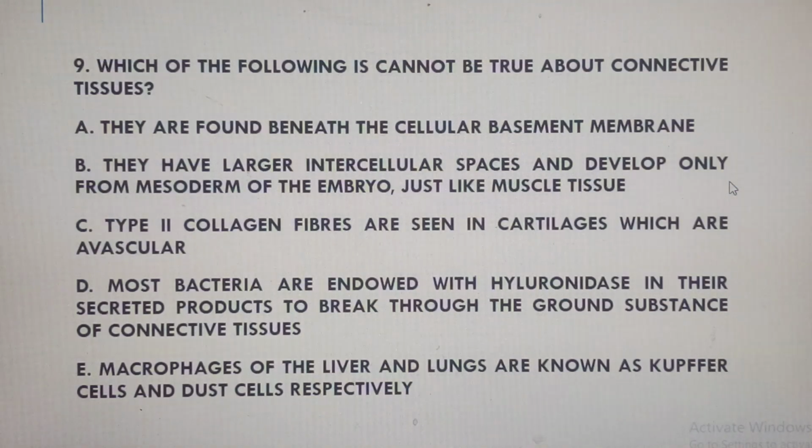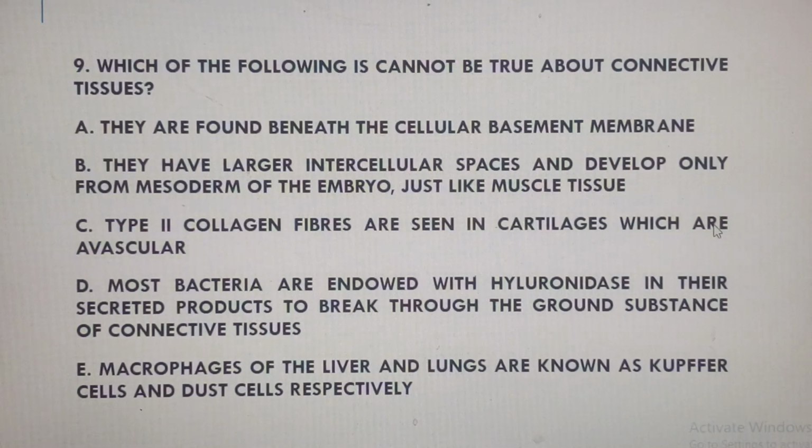But it's only the mesoderm which is going to give rise to connective tissue. And the connective tissue is coming from only mesoderm. Muscle tissue is also coming from the mesoderm of the embryo. But epithelial tissue comes from all the 3 germ layers. And of course, nervous tissue will be coming from only ectoderm. So that's a very true statement.